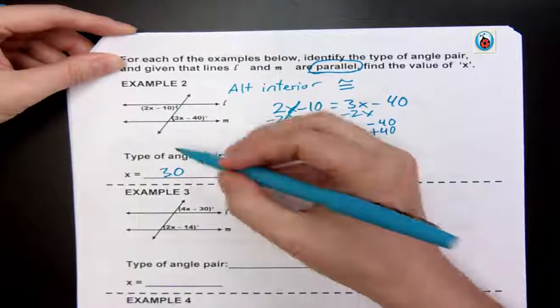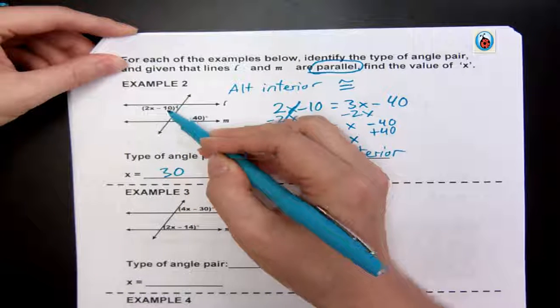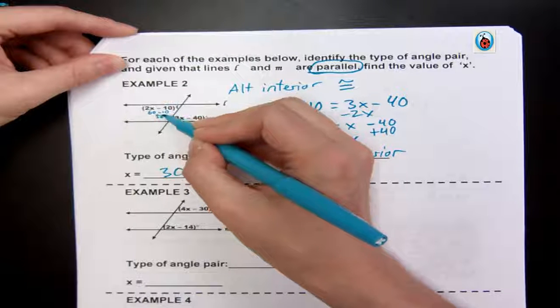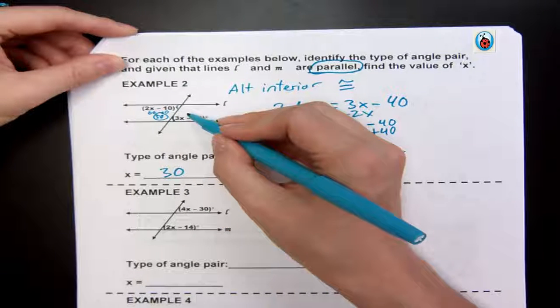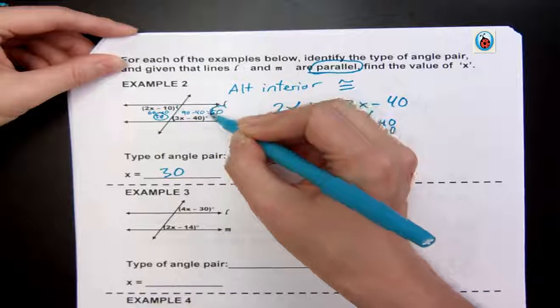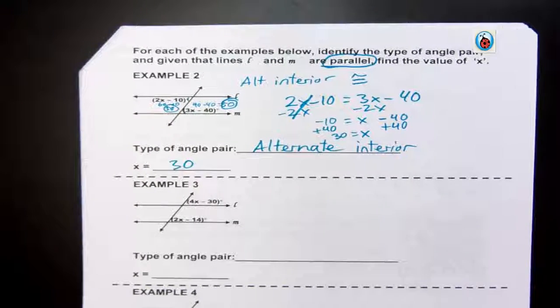If I want to check, I can plug it back in. 2 times 30 minus 10, so 2 times 30 is 60, minus 10 is 50. And on this side, 3 times 30 is 90, minus 40 equals 50. So I know I did my math right. They equal each other, and they're both acute angles, so it's good.